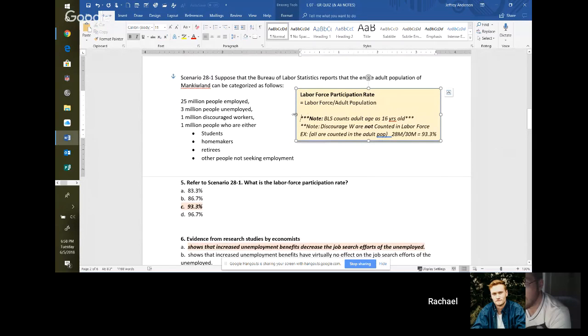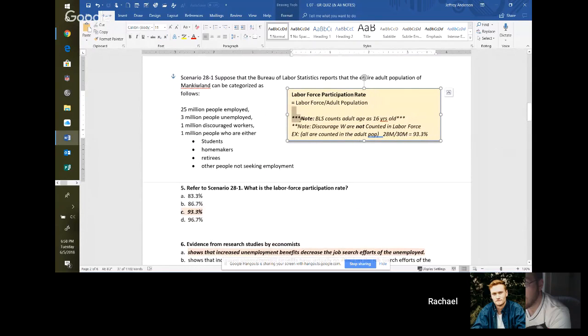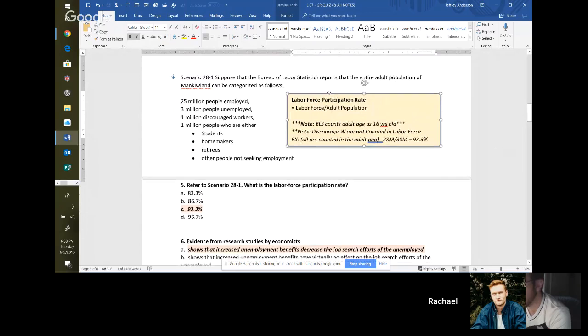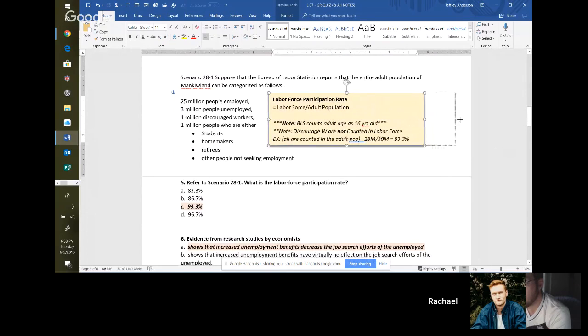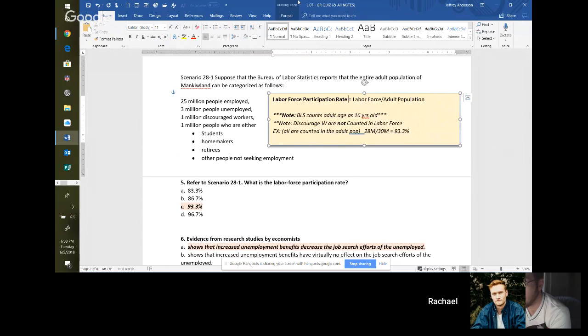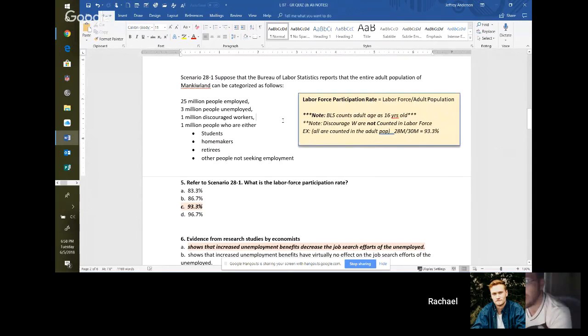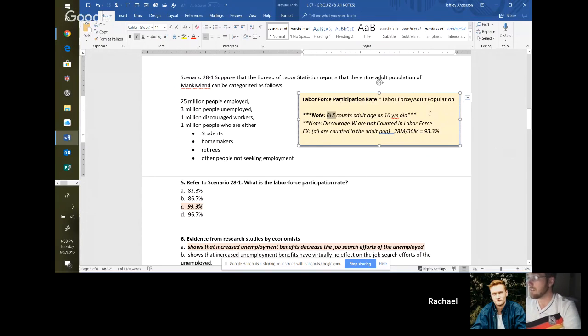which the labor force would be the employed and the 1 million students, homemakers, retirees, blah blah blah. Would that also count the unemployed? So let's see. She said that the business labor, I don't remember, statistics. Okay, the Bureau of Labor Statistics is going to count everybody that's 16 years and older.